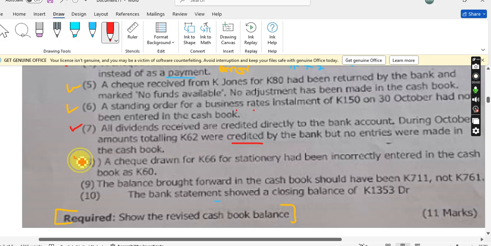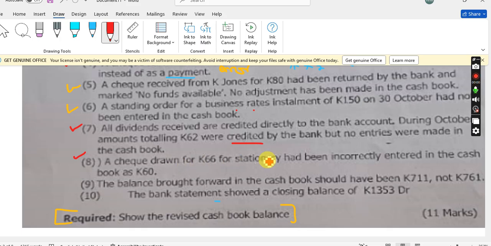Okay, a check drawn for 66 kwacha for stationery had been incorrectly entered in the cash book as 60 kwacha. Okay, so we have another error. Instead of putting 66 kwacha, we put 60 kwacha here.